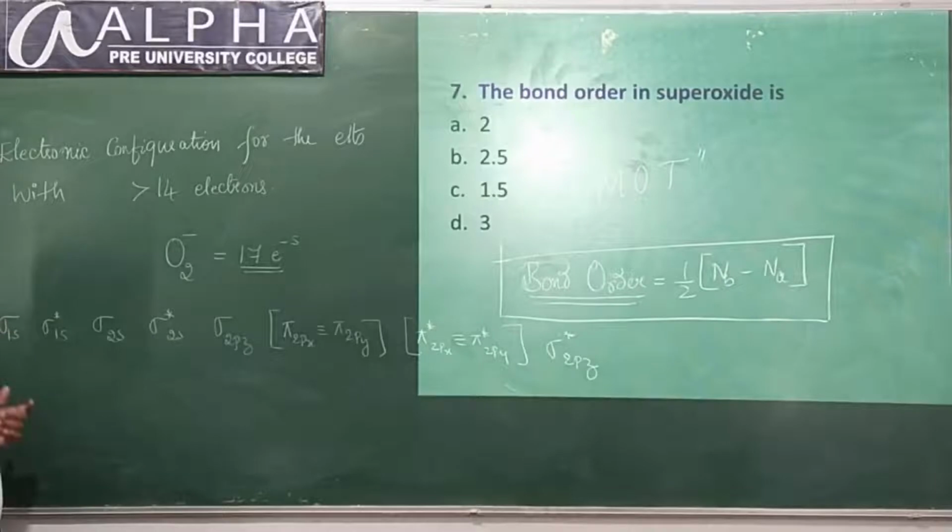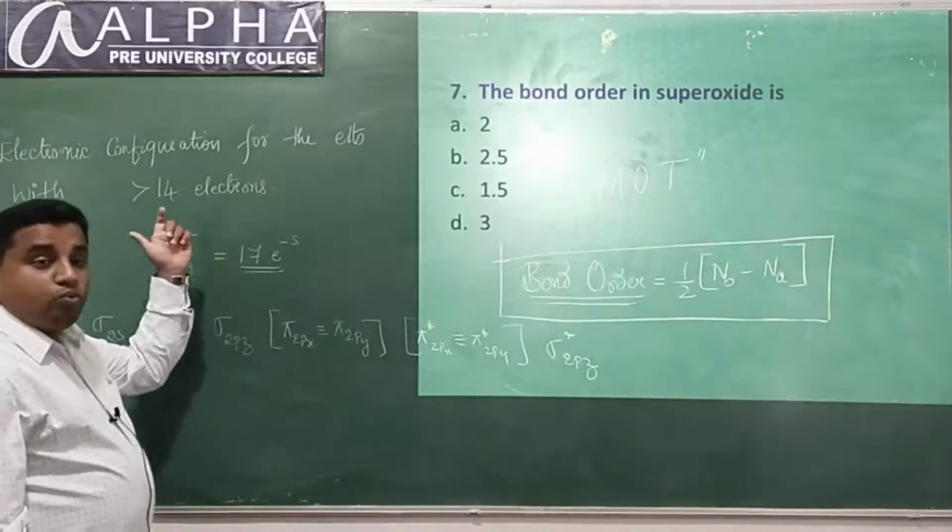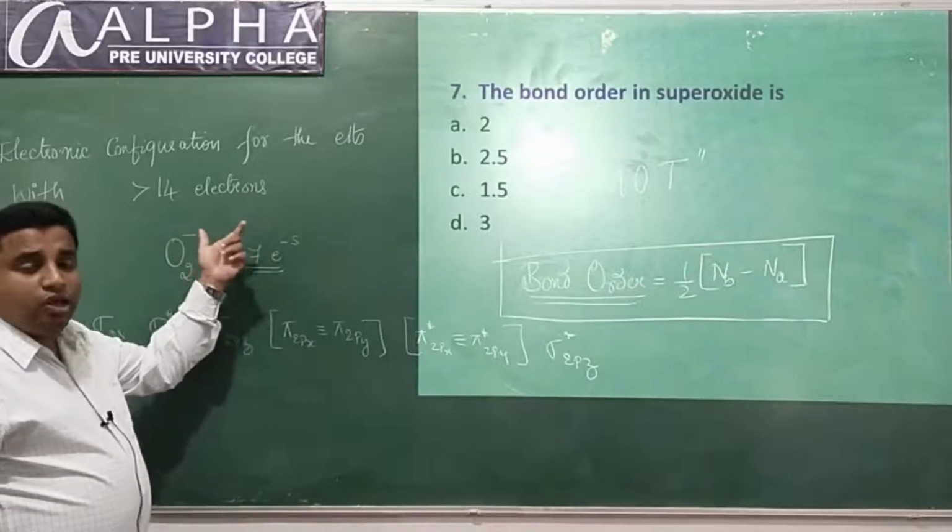Are we clear? So this is the electronic configuration that you have to use if there are more than 14 electrons.